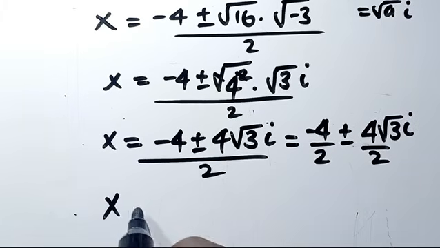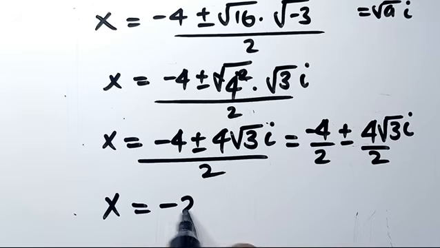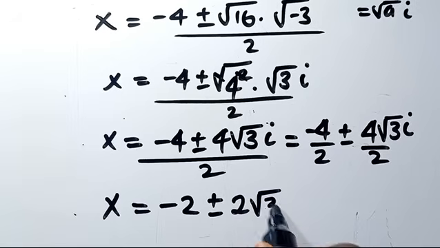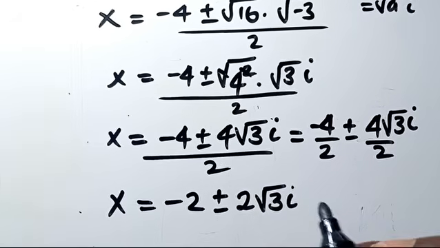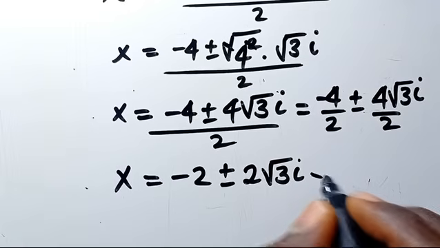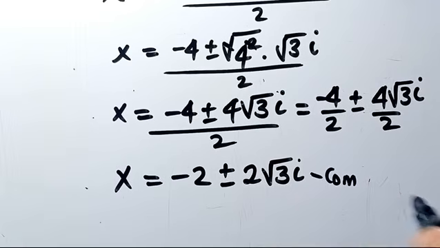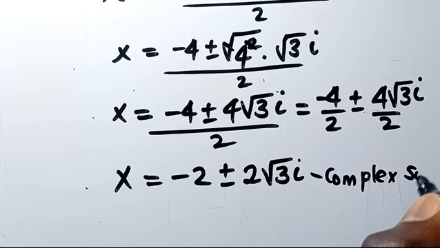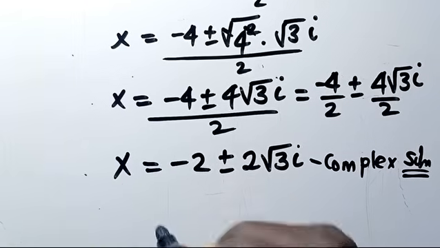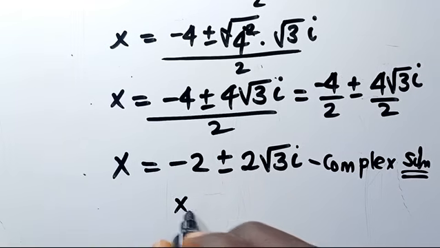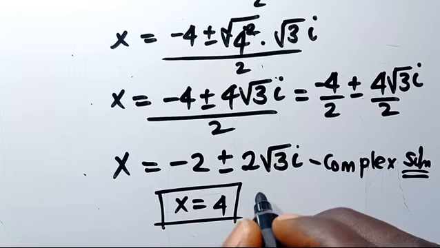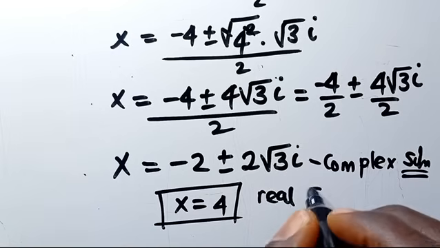So we have x = −2 ± 2√3 i. Of course, this is a complex solution. And x = 4 is the real solution.